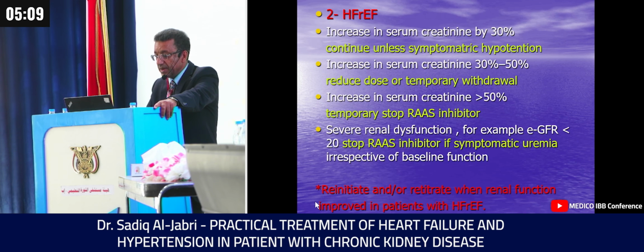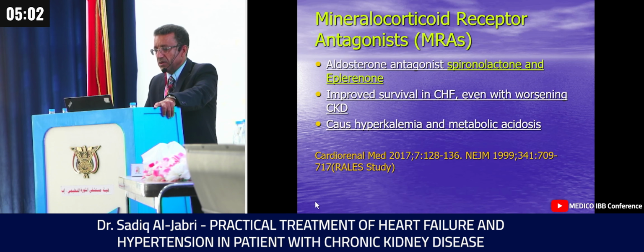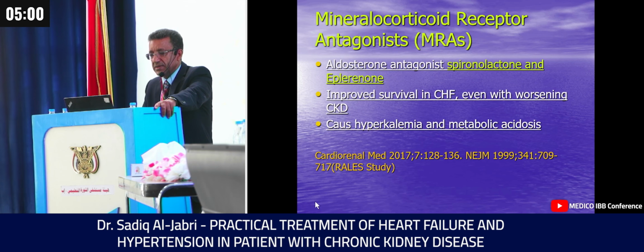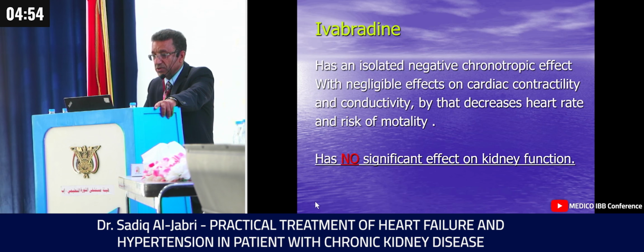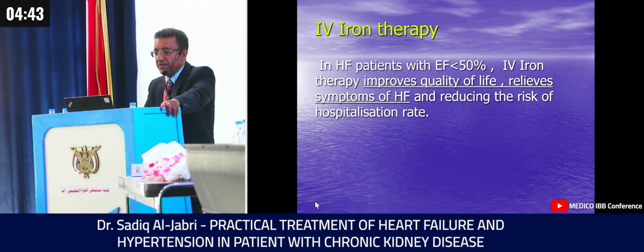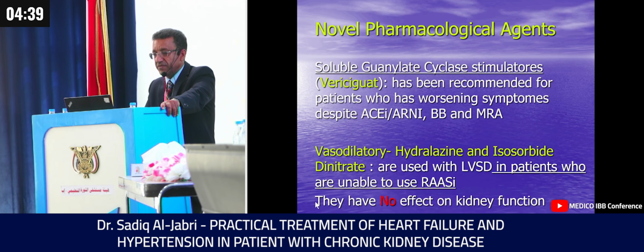Another option is the mineralocorticoid receptor antagonists, spironolactone and eplerenone, which are also very effective. They have an anti-proliferative effect, and cardio and renoprotective effects. Ivabradine has no significant effect on kidney function, so it is safe, and we can use it in CKD and heart failure patients. IV iron therapy improves quality of life and relieves symptoms of heart failure.